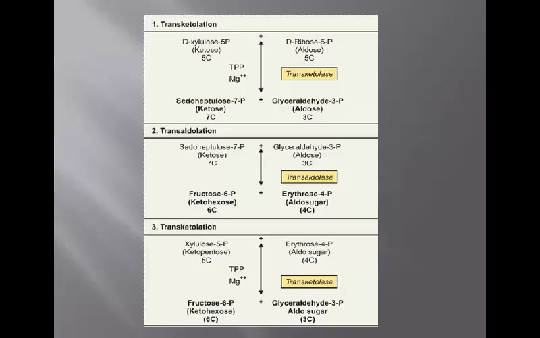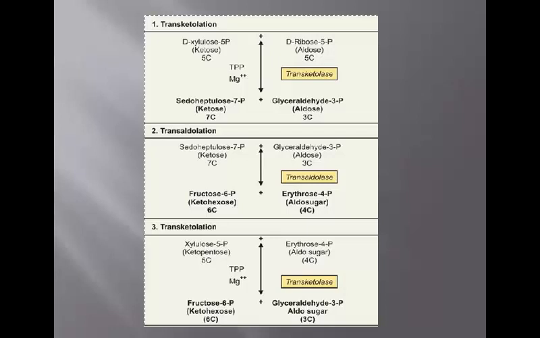So first fructose 6-phosphate is formed, and the remaining 4 carbon unit forms erythrose 4-phosphate, an aldose sugar. Again transketolation occurs with the remaining xylulose 5-phosphate, and a 2 carbon containing unit from xylulose 5-phosphate is transferred to erythrose 4-phosphate. Now it forms fructose 6-phosphate in presence of transketolase.